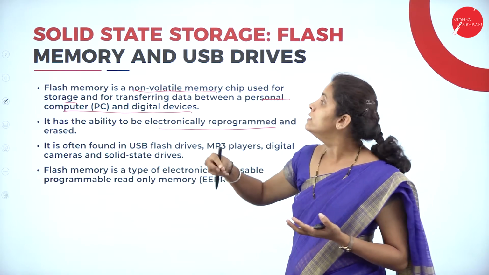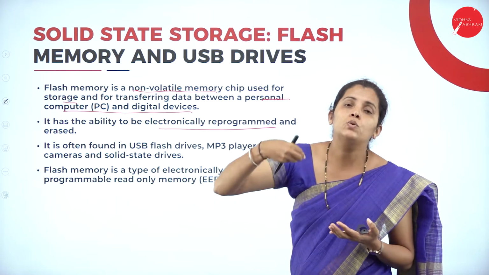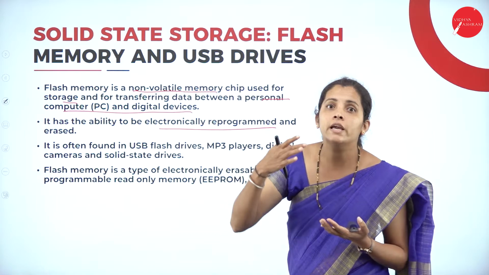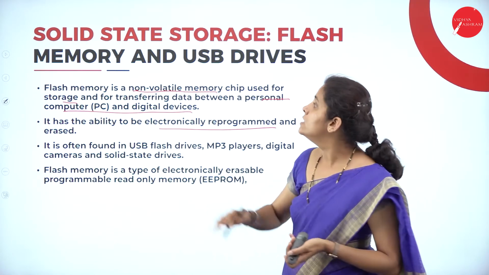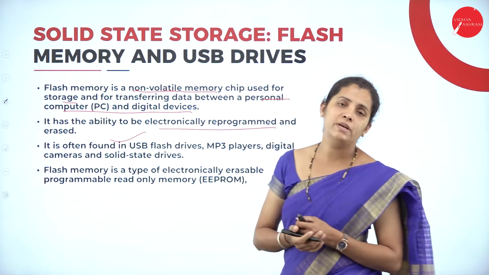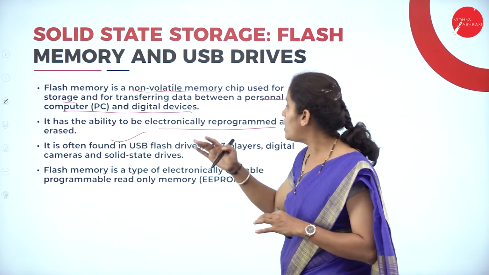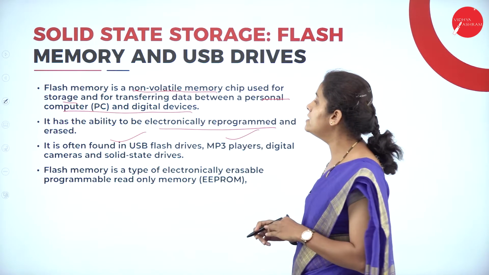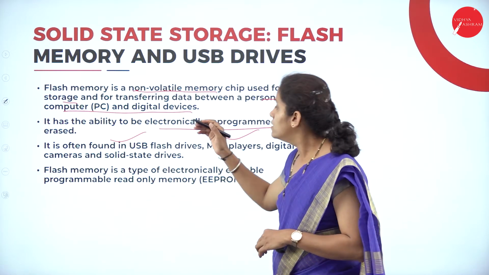That means you can rewrite the program again and again, and it's possible to erase or remove the stored program in the chip. So it is often found in USB flash drives, MP3 players, digital cameras and solid state drives.